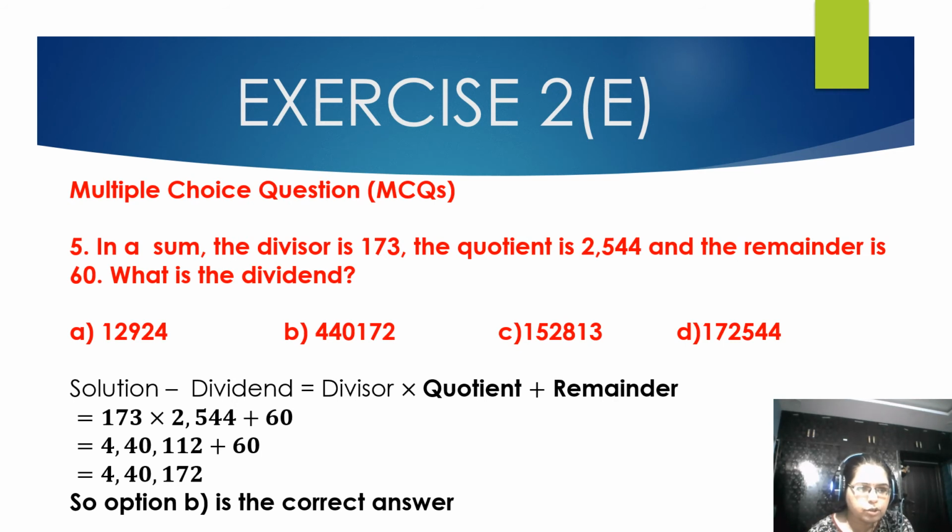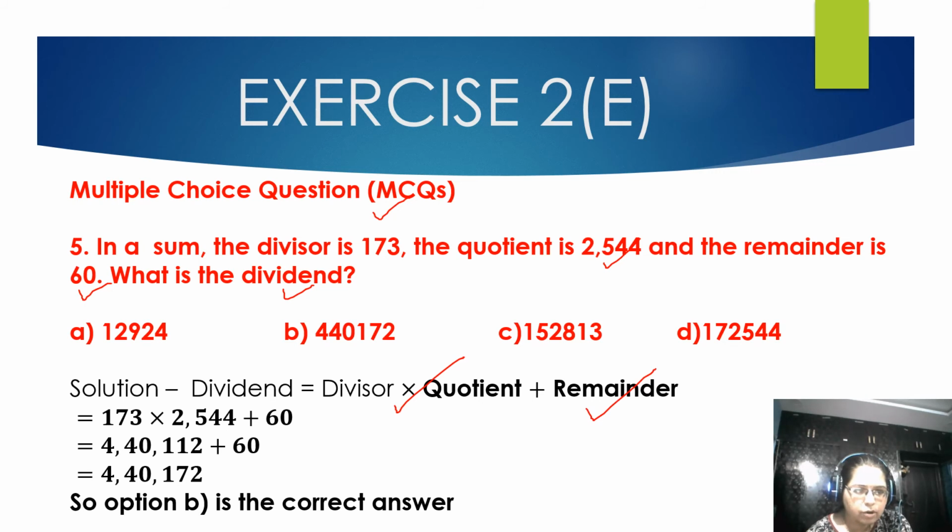Now we solve question number 5, which is a multiple choice question. In a sum, the divisor is 173, the quotient is 2544, and the remainder is 60. What is the dividend? These options are given. We know dividend equals divisor multiplied by quotient plus remainder.